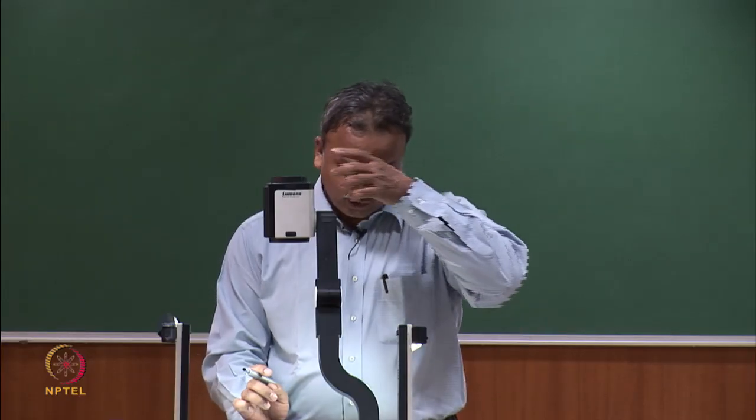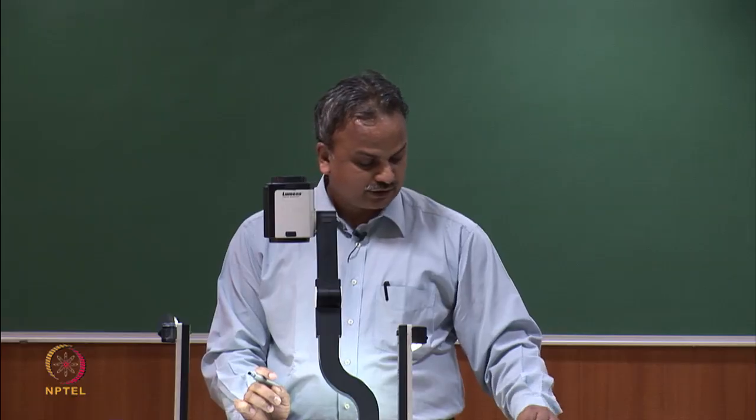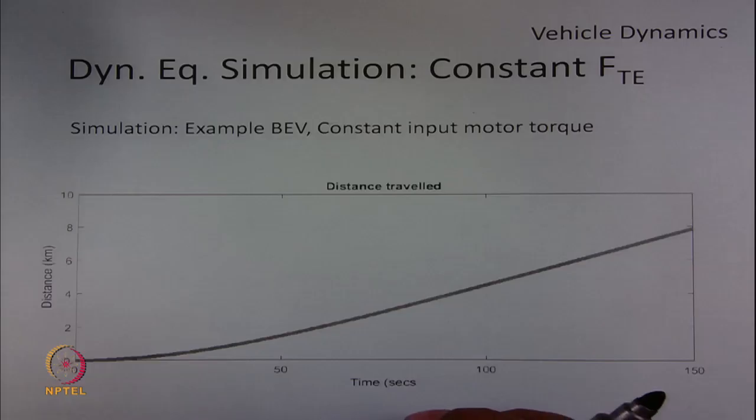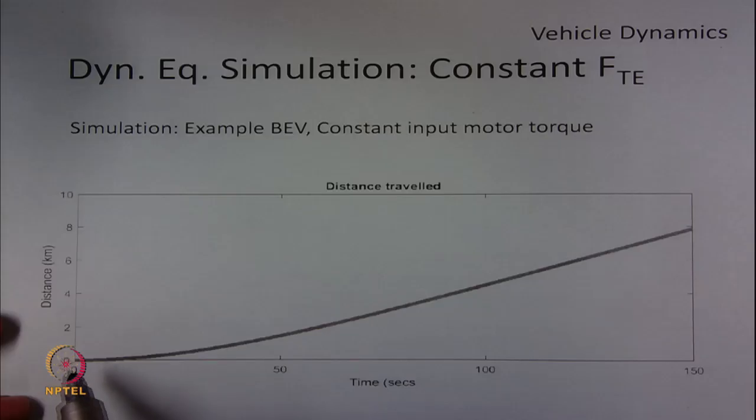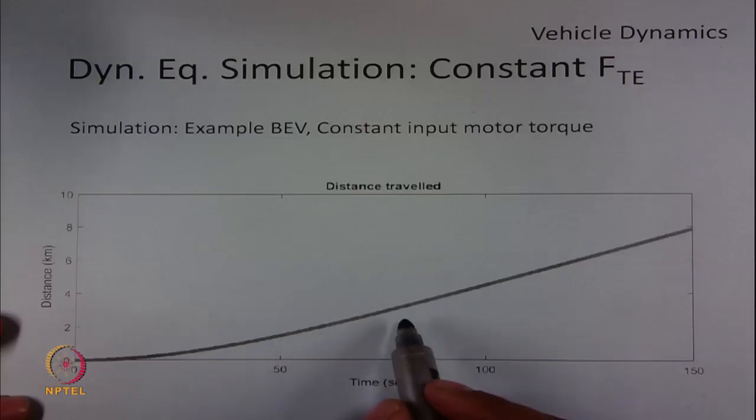So, this plot shows us the variation of the velocity with respect to time. Similarly, if we want to plot distance travelled as a function of time, we can also do that using Simulink programs. So, as the velocity increases, the distance travelled also increases.